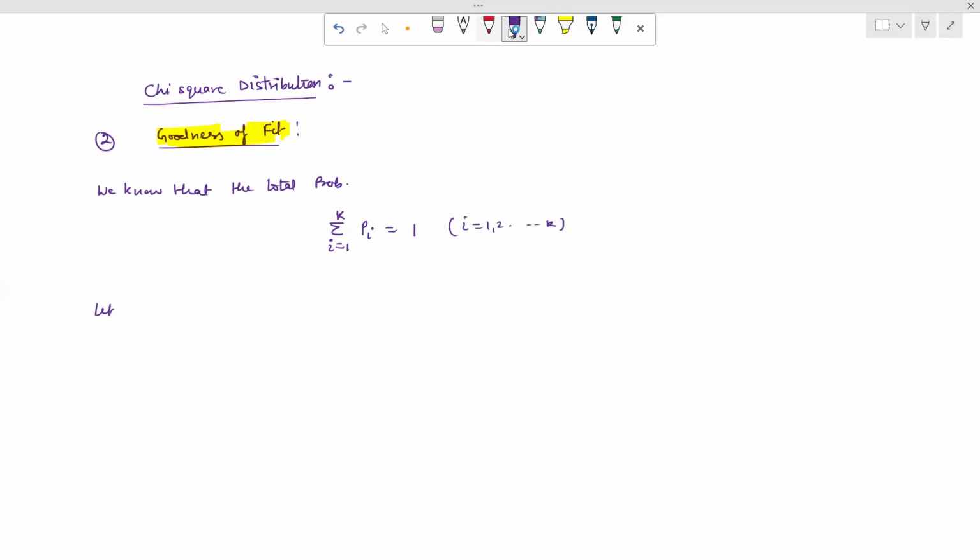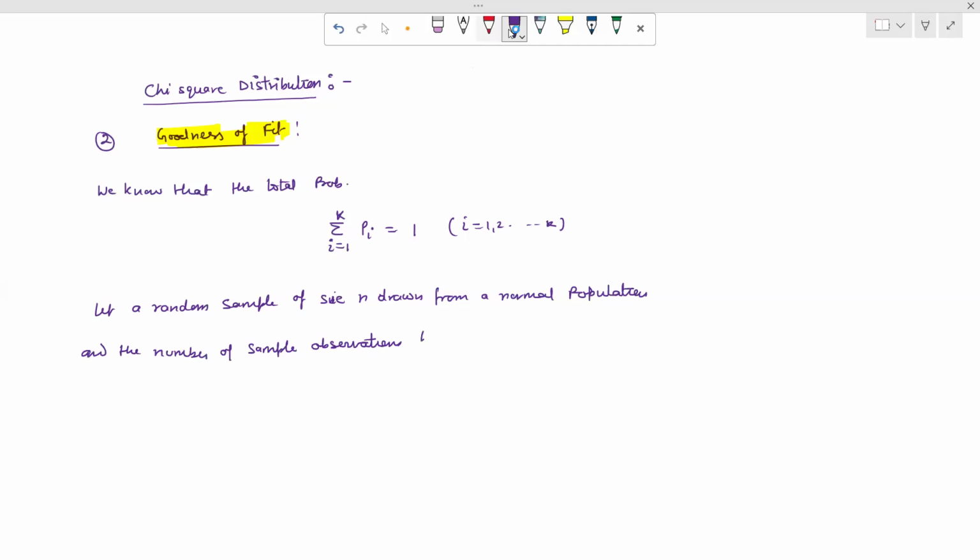Now, let a random sample of size n be drawn from a normal population, and the number of sample observations belonging to the ith class be Oi.